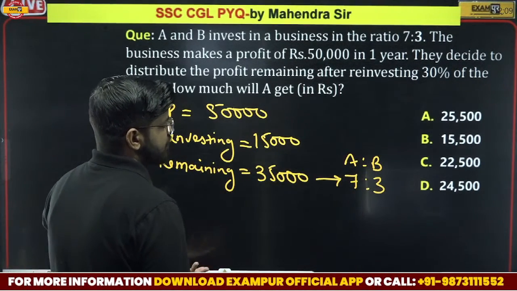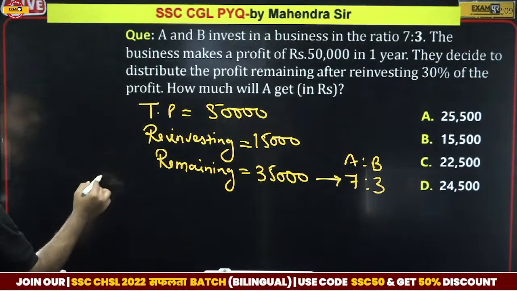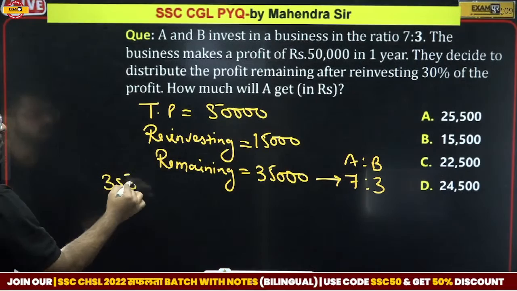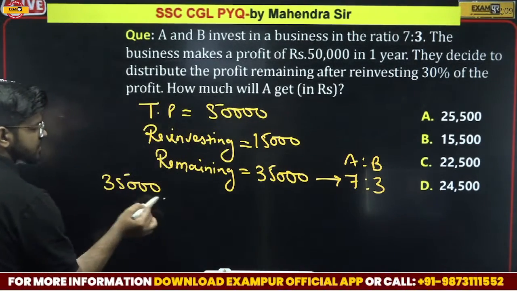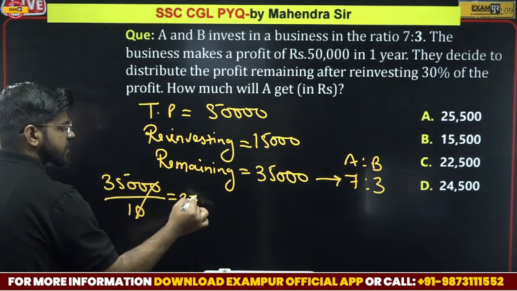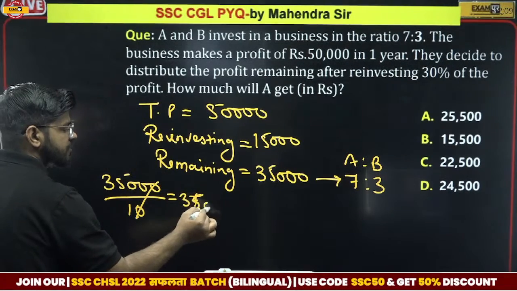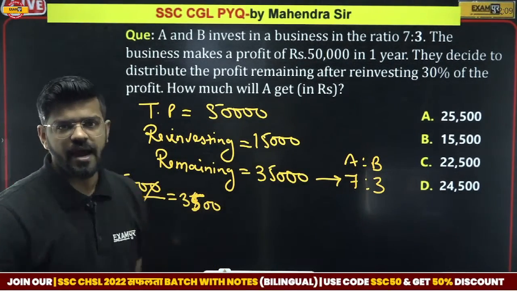To find the value of A, we have to write total upon total. So 35,000 is the total, divided by 7 plus 3, that is 10. So this will get cancelled out. We are getting 3,500. Now multiply this 3,500 to either of the numbers to get the actual values.